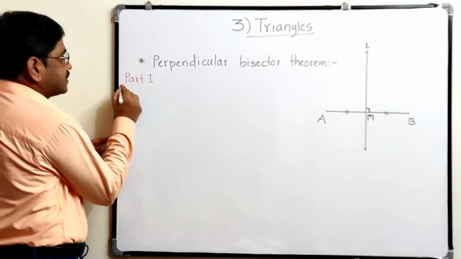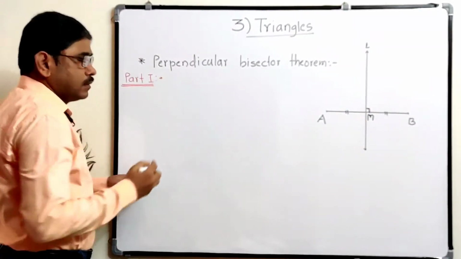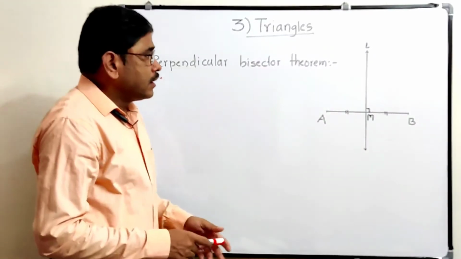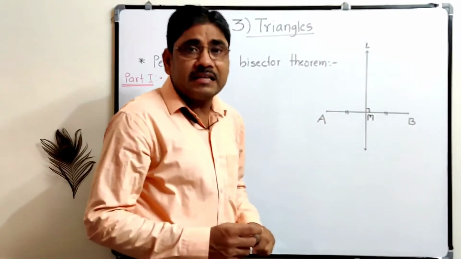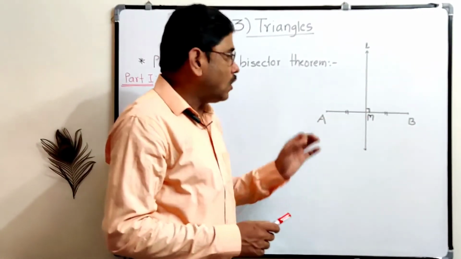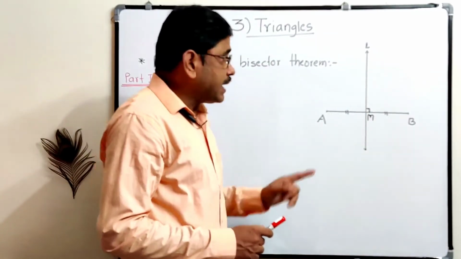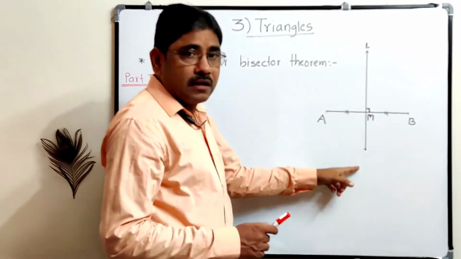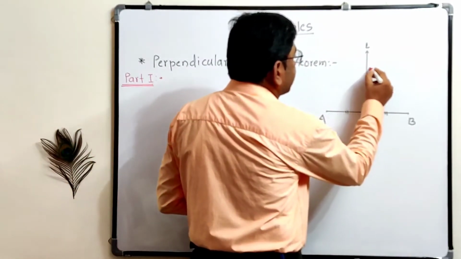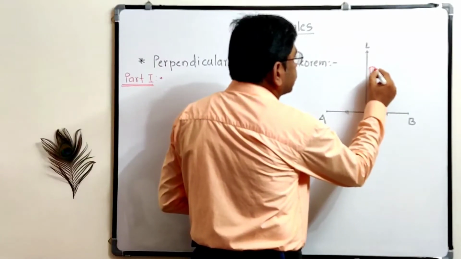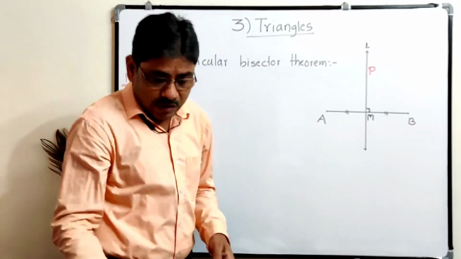so I am not writing the statements, you can see the statements from the book. What is the statement? If we take any point on this line L, called the perpendicular bisector of this segment AB, what is the first part? Every point on the perpendicular bisector. That means if we take any point P on line L, means on the perpendicular bisector, then what we have to prove?